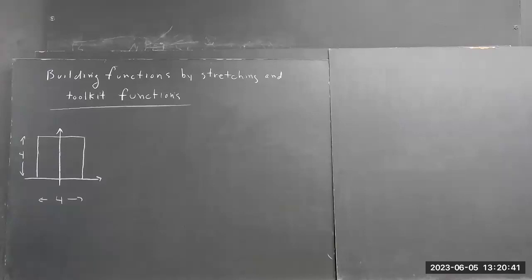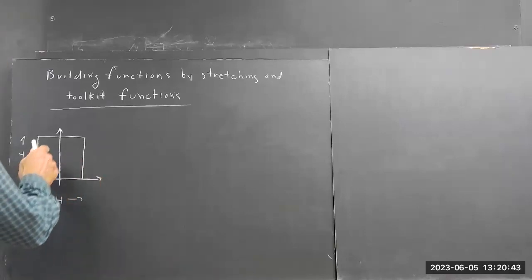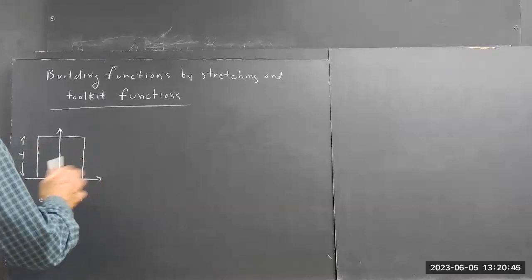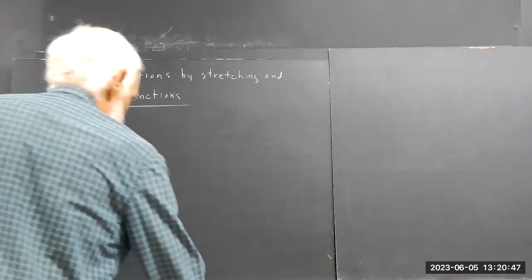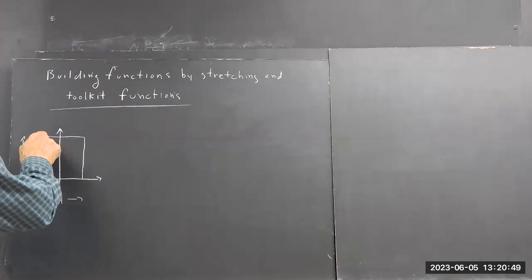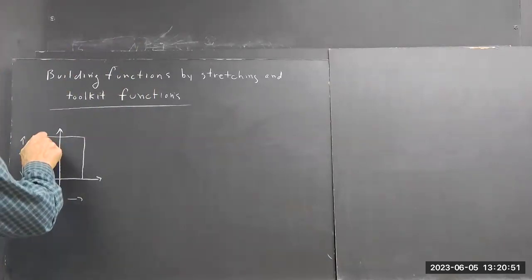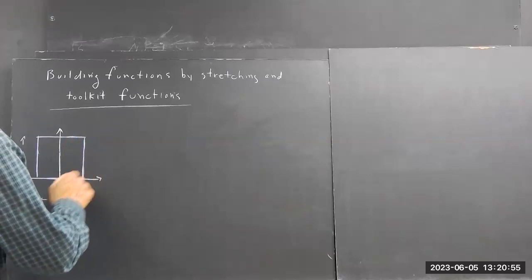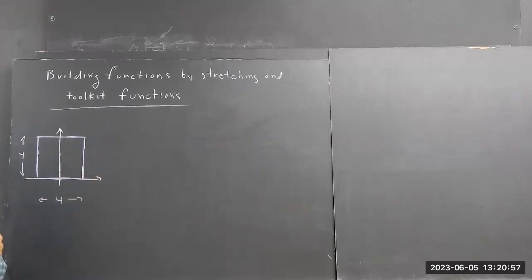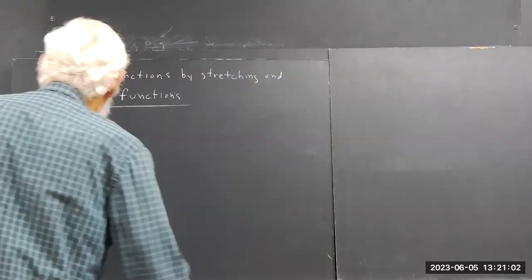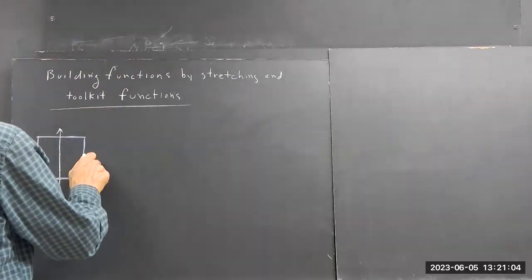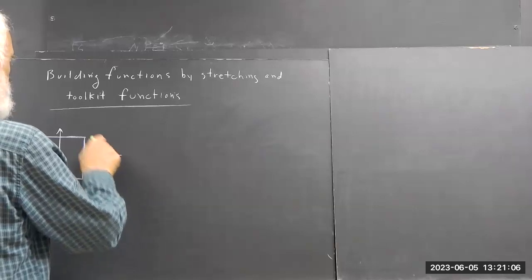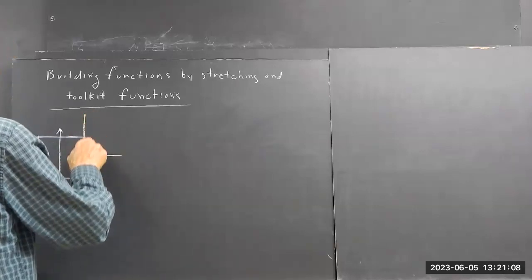If we move the box, so let's just talk about moving the box. Okay, so here's a box. Let's make the borders of the box perfect. Let's say that we want to move the box so that it lies here.